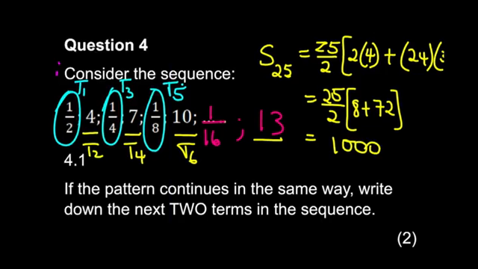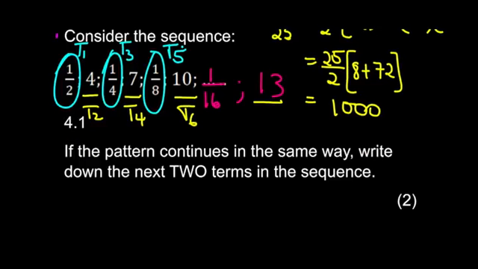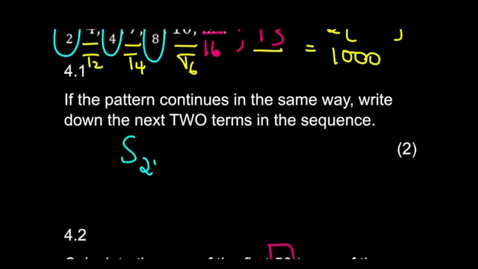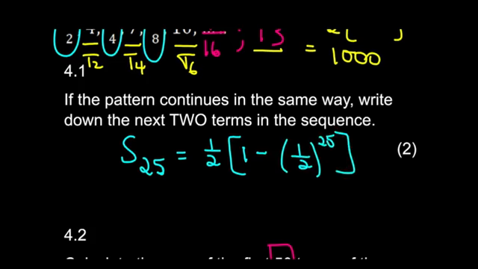Okay, and then the blue ones, the sum of 25 of the blue sequence would be geometric, so it would be a into 1 minus r to the 25. What did we get our r as? A half. So 1 minus a half, to the power of 25, divided by 1 minus a half, which is a half.